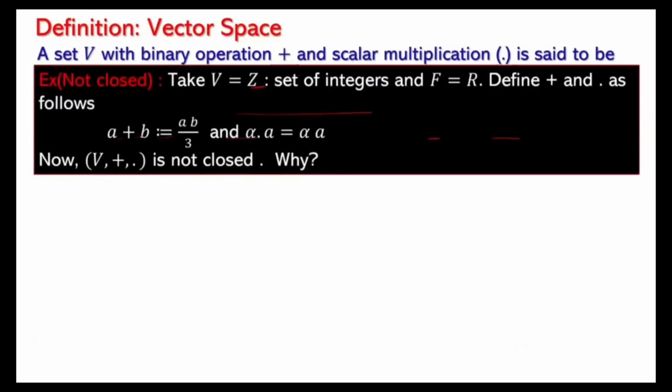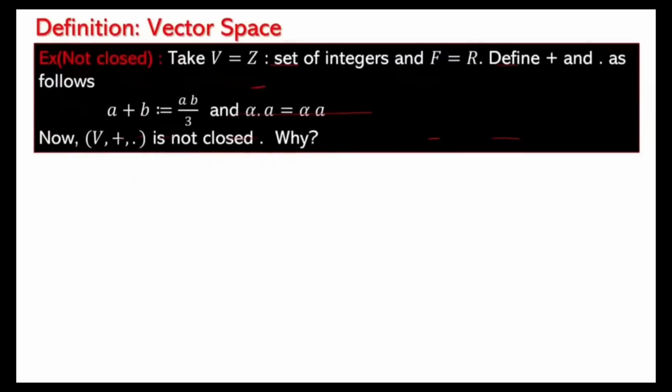So let's have an example here. Take V equal to Z, the set of integers, and F the set of real numbers. Now we define the addition and scalar multiplication like this: A plus B is equal to AB over 3, and alpha A means the usual multiplication.